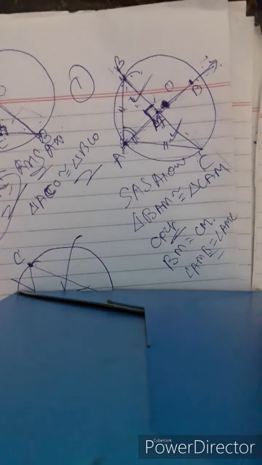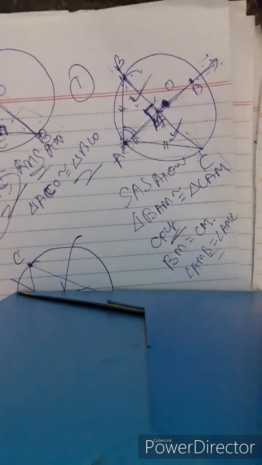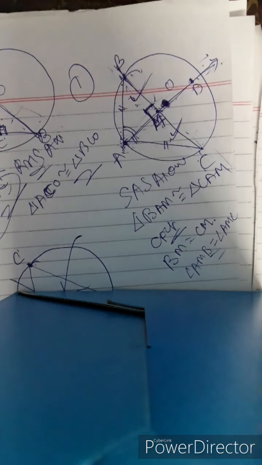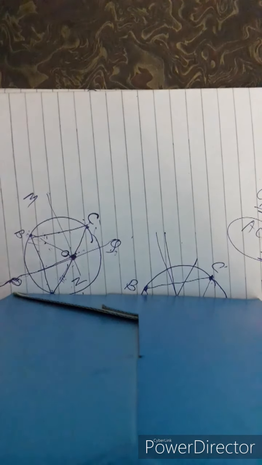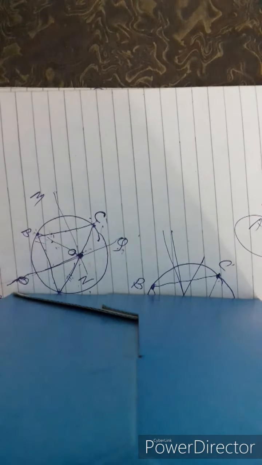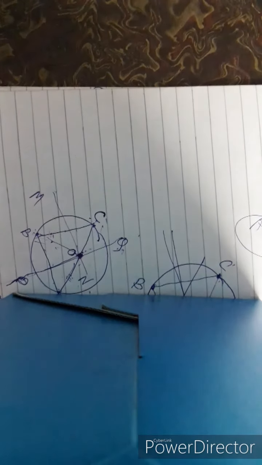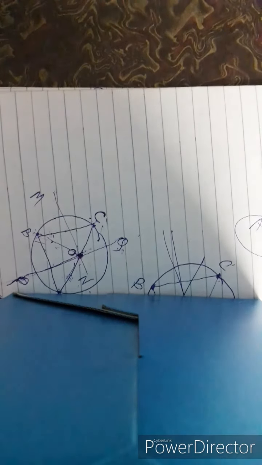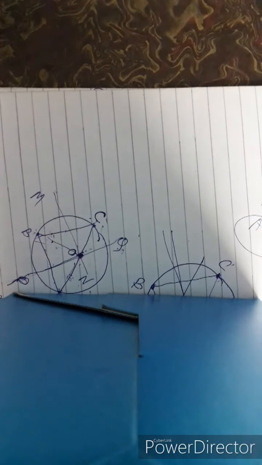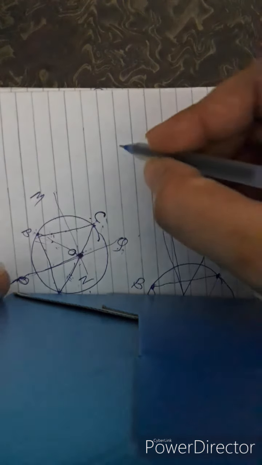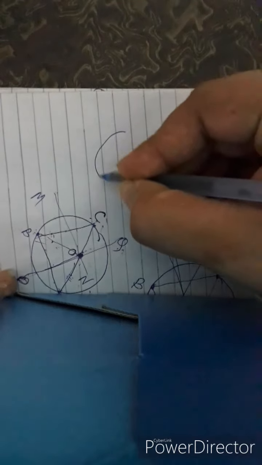So we'll take a look at two more properties of chords shortly. Now taking this chord property, we have to show that if two circles intersect, then the line joining their centers is the perpendicular bisector of the common chord. That is, let there be two circles.